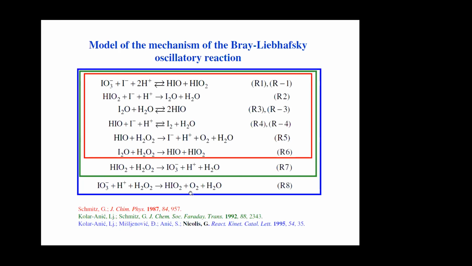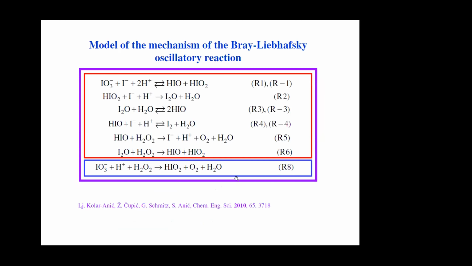With this model, having 8 reactions, we were able to simulate almost all experimentally obtained results. Later, we found that the model with the first 6 reactions and only 8 too can also simulate almost all experimentally obtained results. This model is presented here, just the same reactions without reaction 7.